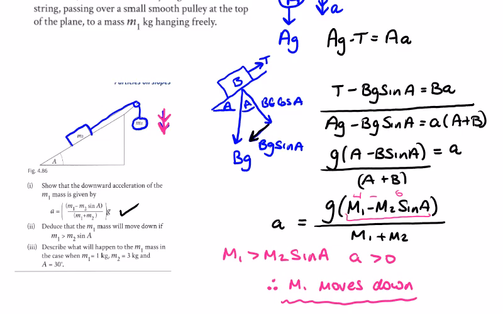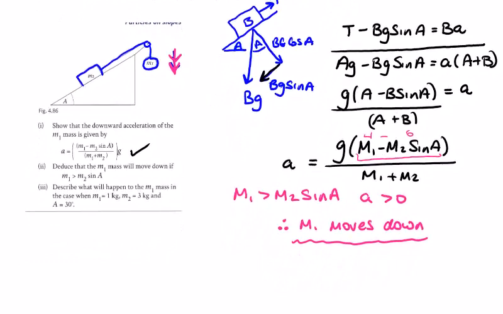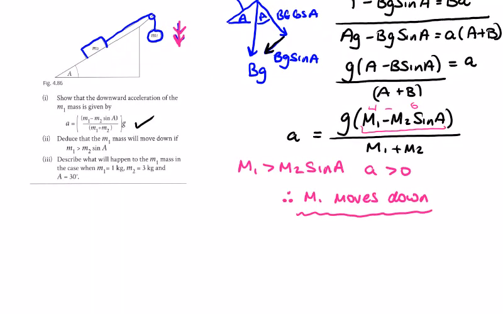And describe what will happen to the M1 mass in the case M1 is 1 and M2 is 3 and A is 30. Well, let's just fill in the information. a is equal to G times M1, which is 1, minus M2 sine A, 3. A is 30, sine 30 is a half.